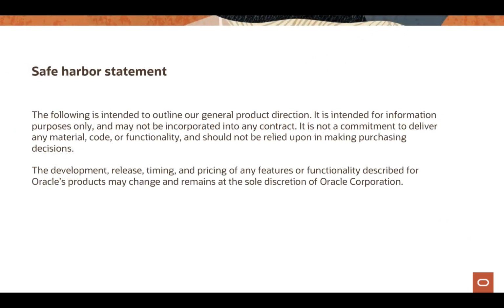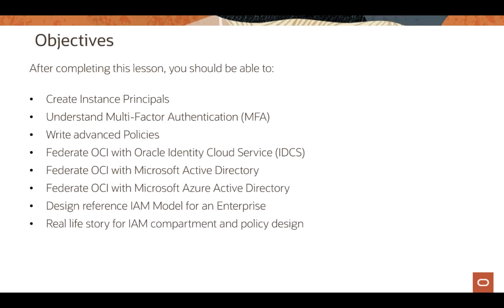In the first part of this session, we summarized the Identity and Access Management, or IAM, service and its key components, and then we went deeper into what instance principals are, why they are useful, and how you configure dynamic groups to use instance principals.